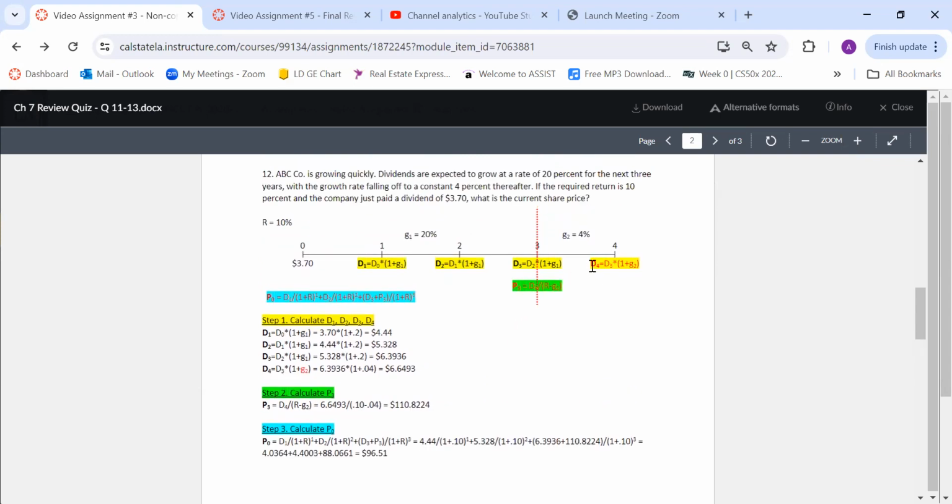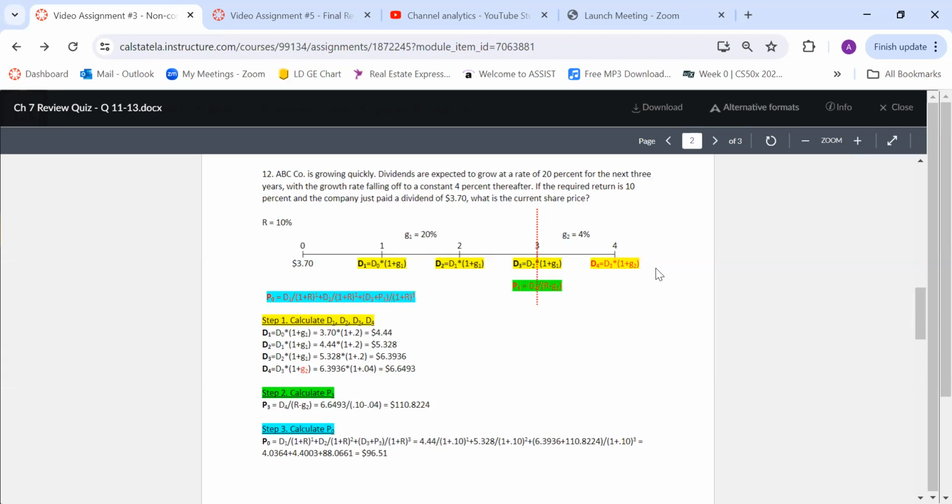We use D4 and divide it by the rate of return minus growth rate 2. So $6.65 divided by 0.06, and we get $110.82.